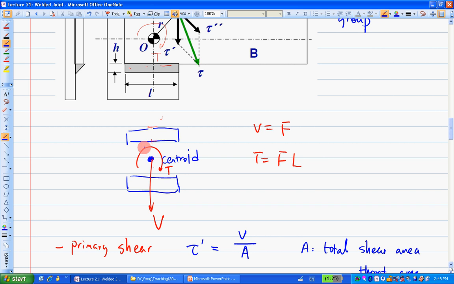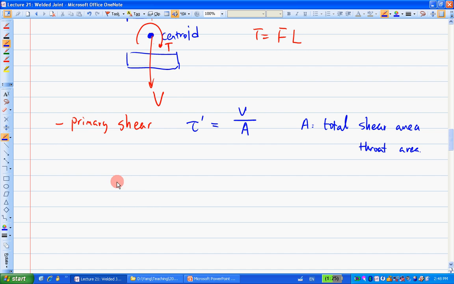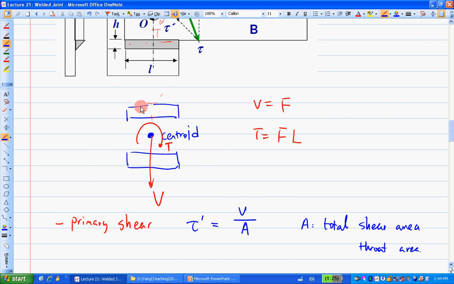Now you also have the torque T here. In shaft design, when we have a circular shaft, everywhere on the edge we have the same kind of shear stress, which is TR over J. But in this case the cross section is not circular. The cross section here is this.